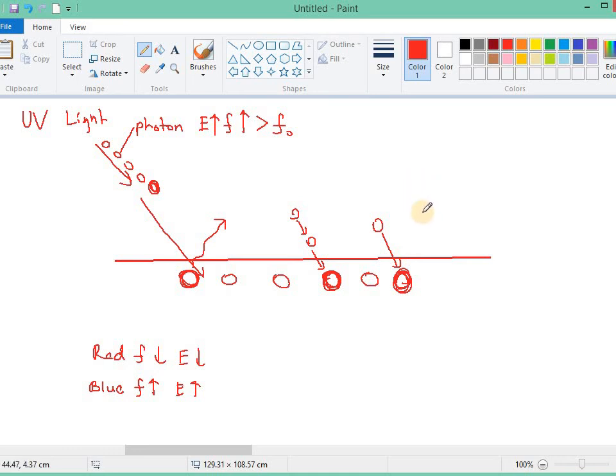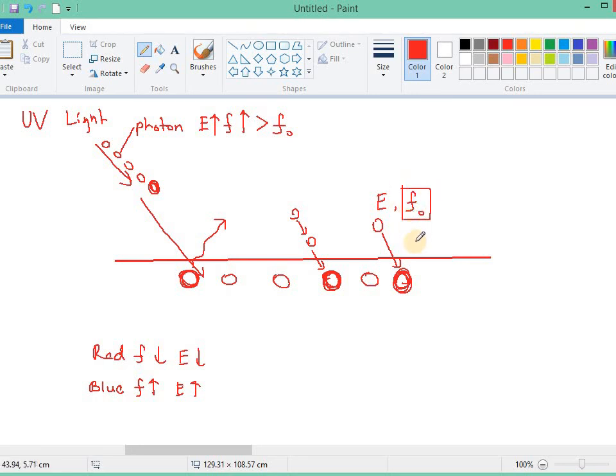So in order to have the photoelectric effect, the frequency, the energy of the photon must be high enough. That is why we have threshold frequency.